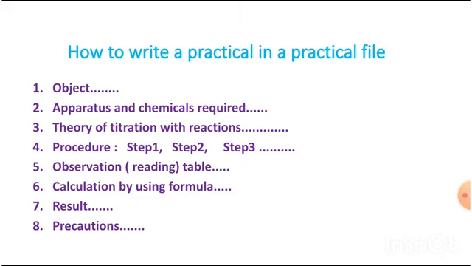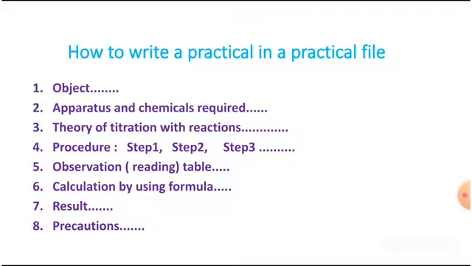For students, how to write practical in a practical file. First, they should write object of the titration, then write apparatus and chemicals required for this purpose, then write a little bit of theory of the titration with reactions, and the fourth step will be procedure.